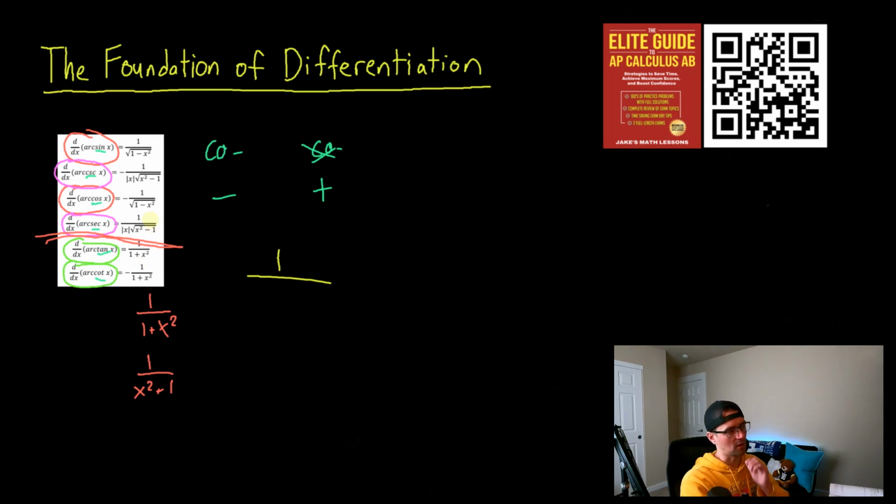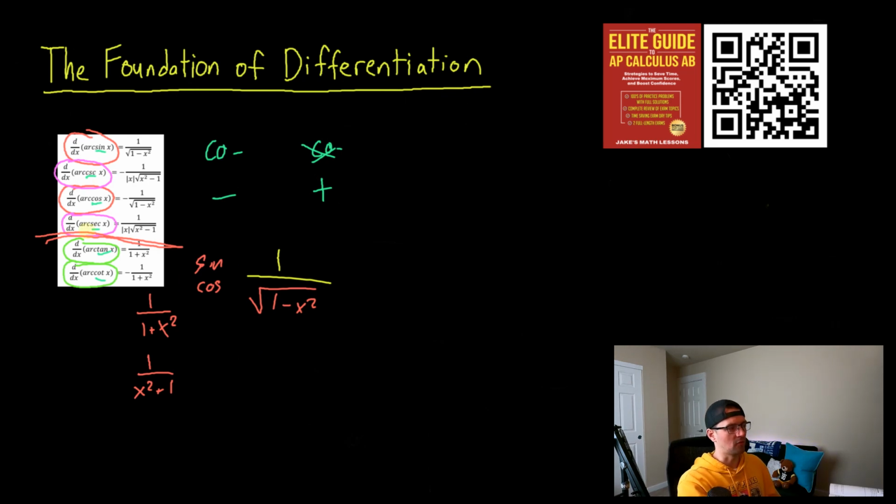You are going to just need to remember that the sine and the cosine ones are the square root of 1 minus x squared. And then from there, just remember cosine is going to be negative, sine is going to be positive, because cosine starts with co and sine doesn't.